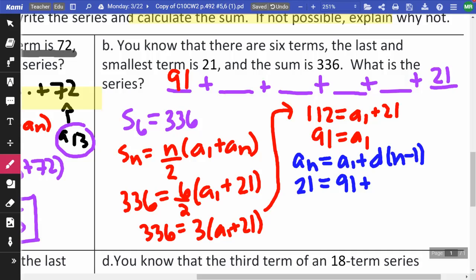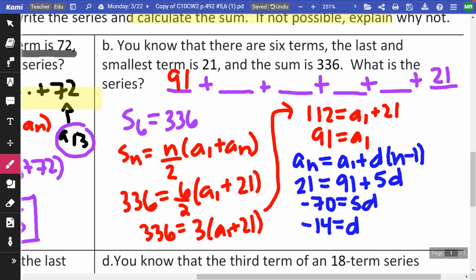So I'm going to go 6 minus 1, or 5. So this is going to be 5 times my D. I'm going to minus 91 from both sides. I get negative 70 is equal to 5D. I'm going to divide by 5, and I get negative 14 is my D.